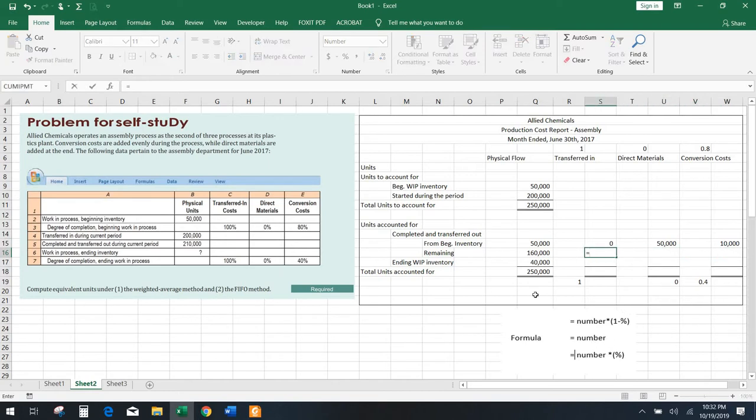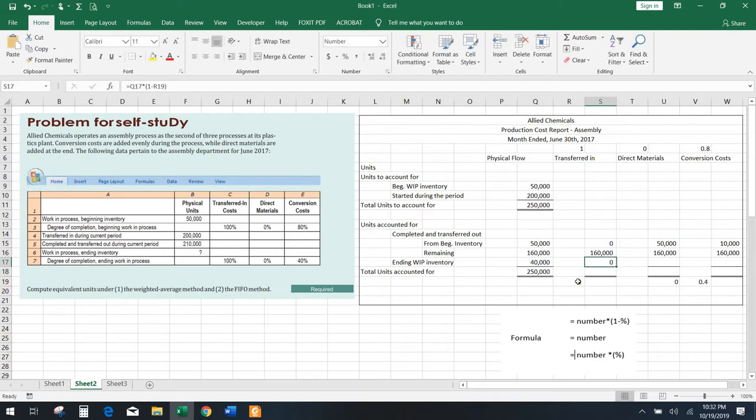That just equals the number. Okay, that equals the number. This equals the number. Okay, and this equals the number multiplied times 1 minus this percentage, not this percentage, so we use the bottom percentage.